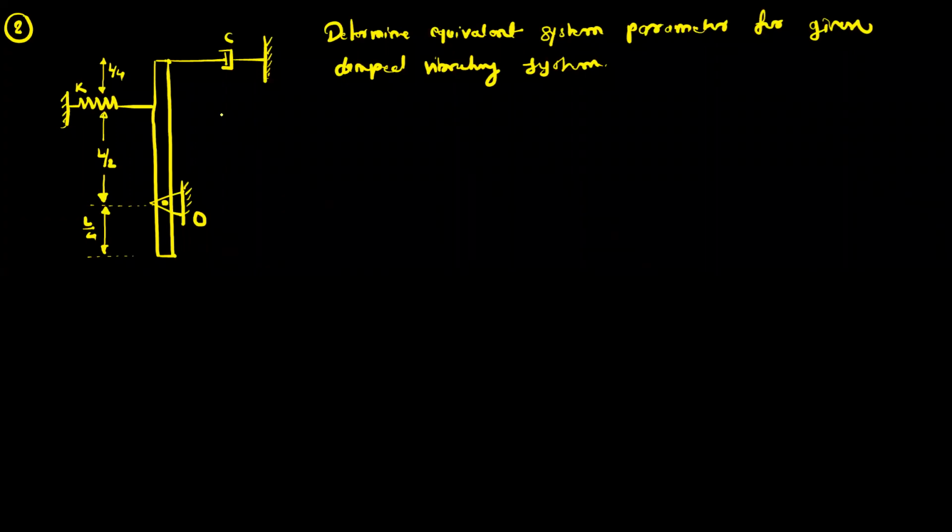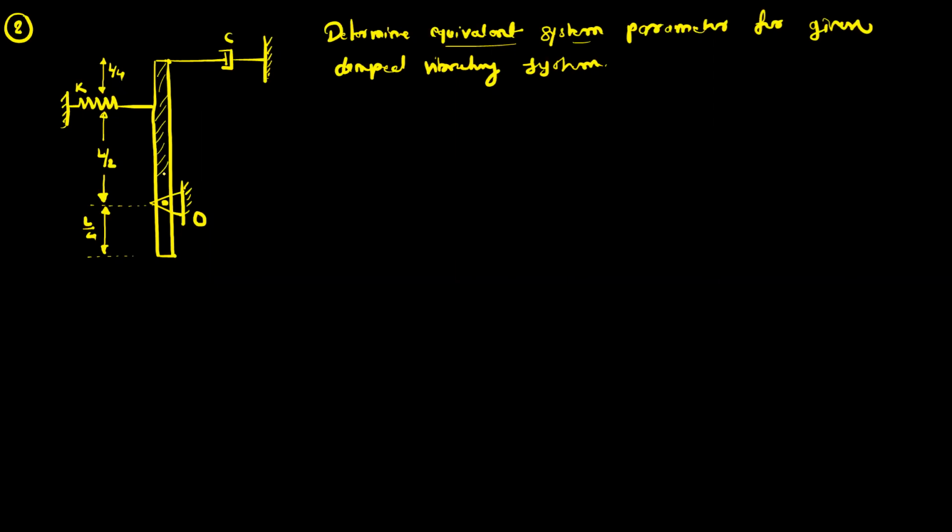Okay, so refer to this next problem. For this problem, we have to determine the equivalent system parameters for a very small angular displacement theta. So this is an example of the inverted pendulum, an inverted compound pendulum.